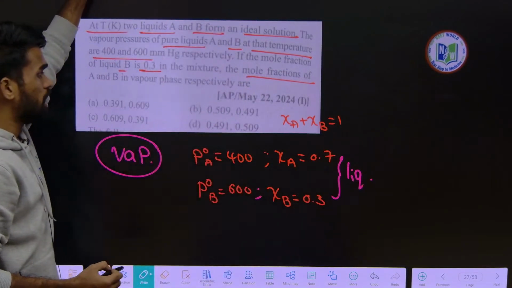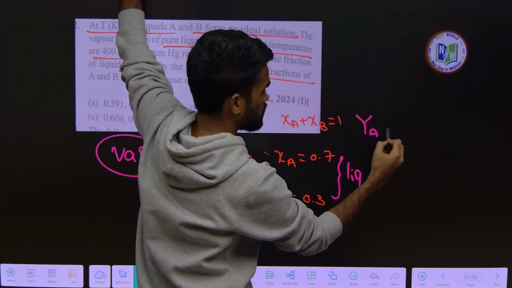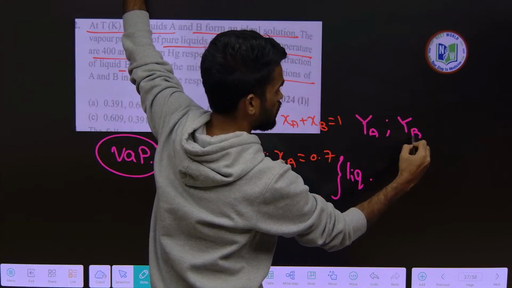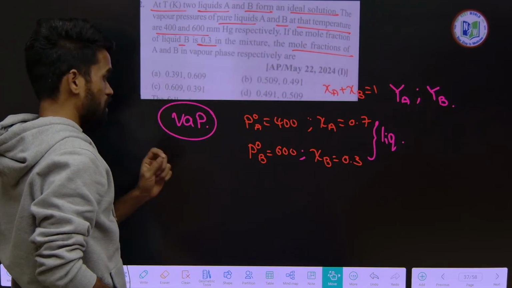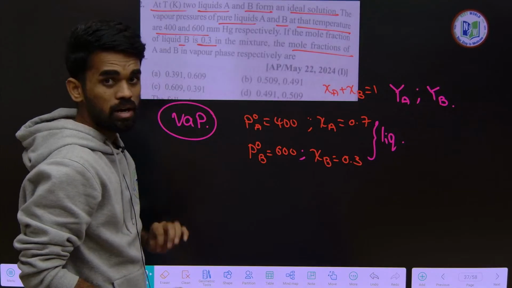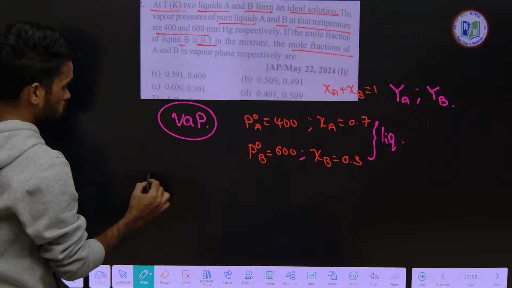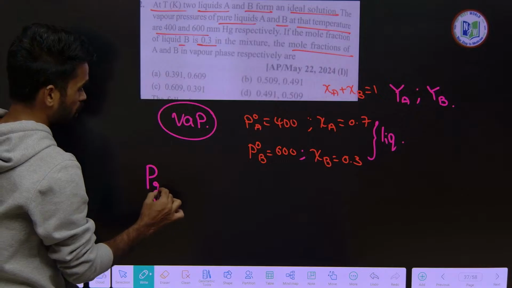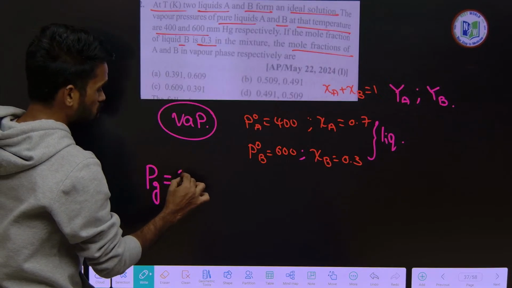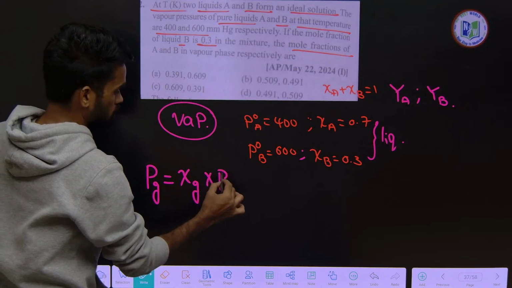Now they are asking what the mole fractions are in the gaseous phase, the vapor phase. YA, YB they are asking. Very simple. From Dalton's law of partial pressure, the partial pressure of a gas will be equal to the mole fraction of that gas multiplied by the total pressure.